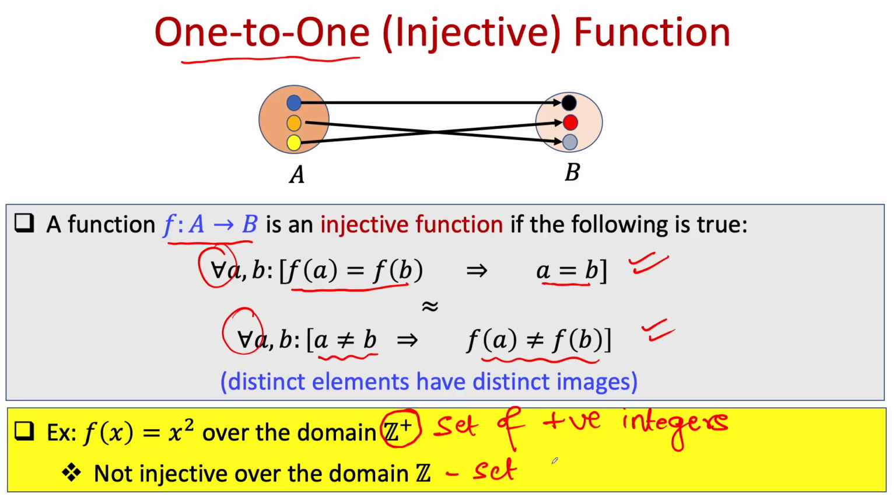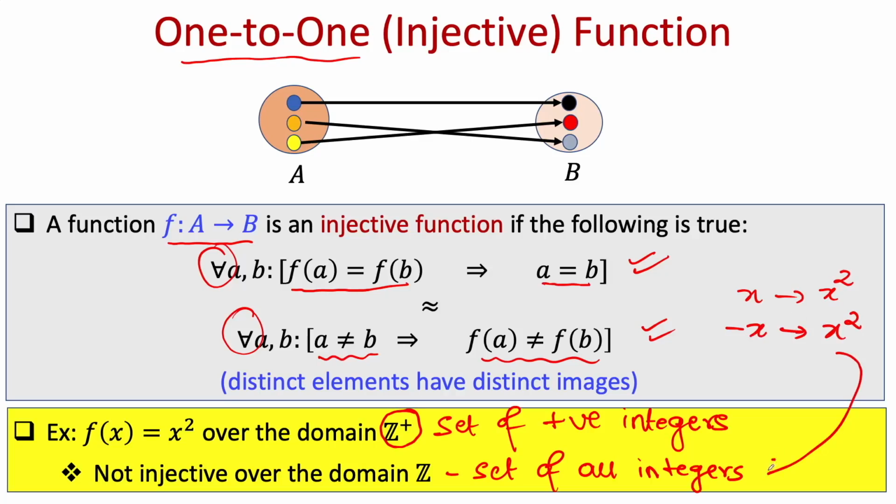If I consider the set of all integers, definitely this is not a one-to-one function, because I have both plus x getting mapped to x square as well as minus x also getting mapped to x square, if my domain is the set of all integers, if my x can take positive values as well as negative values.